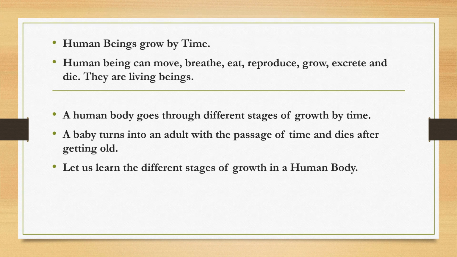Because they are living beings, all these processes happen in human beings like moving, breathing, eating, reproducing, etc. A human body goes through different stages of growth by time. I'll tell you how it goes through different stages, just like a baby turns into an adult with the passage of time and dies after getting old. So let us learn the different stages of growth in a human body.